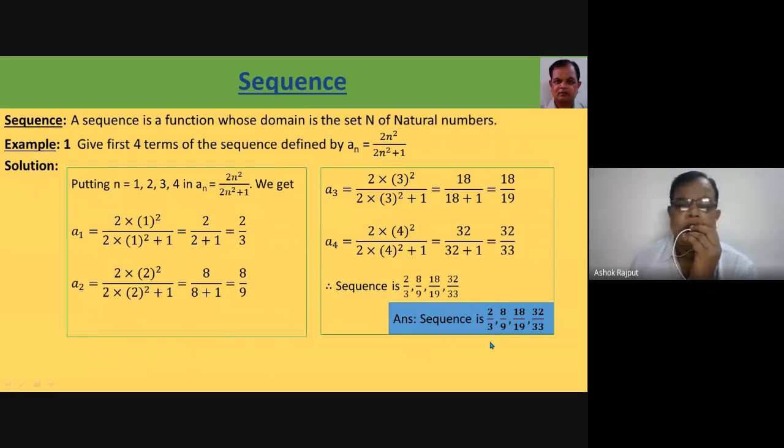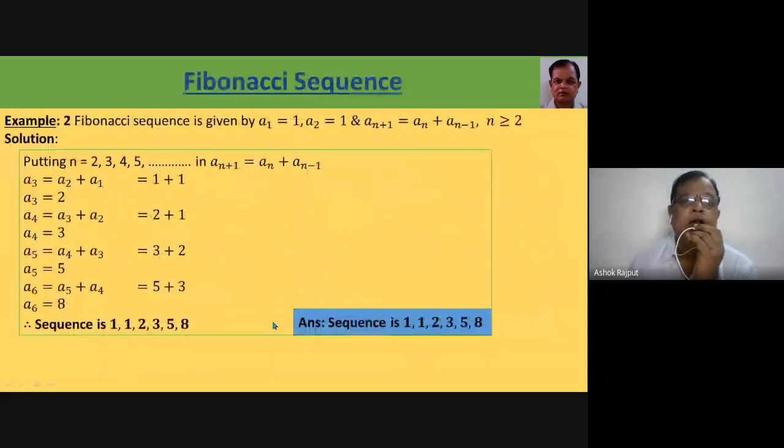As we have written the answer, now we are going to explain the next topic: the Fibonacci sequence. It is named after a mathematician. The Fibonacci sequence is given by a1 = 1, a2 = 1, and a_(n+1) = a_n + a_(n-1), where n is greater than or equal to 2.